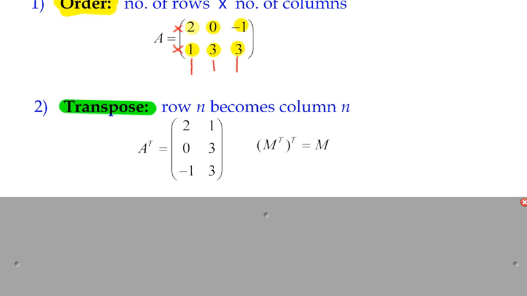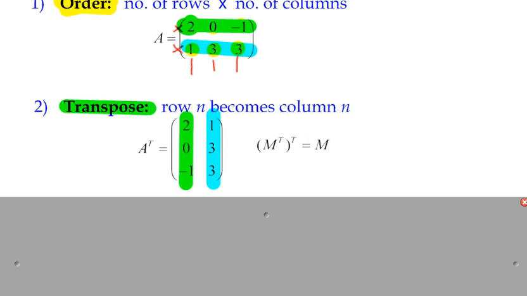So we've got the original matrix A, this first row here, which was 2, 0, 1, flips round. 2 stays anchored at the very beginning, but the 2, 0, 1 becomes 2, 0, 1 in a column instead of a row, and then the second row 1, 3, 3 becomes the second column 1, 3, 3.